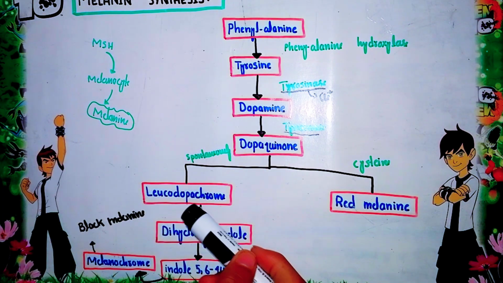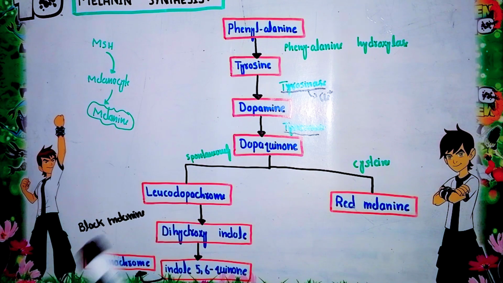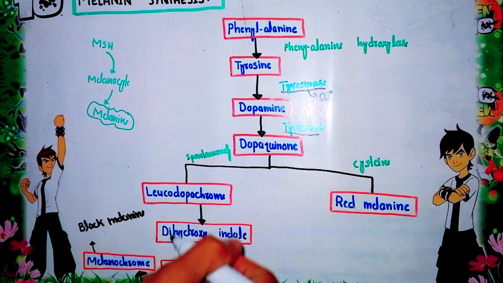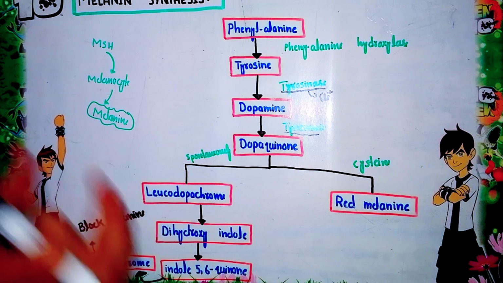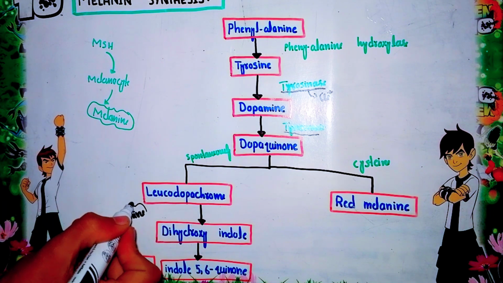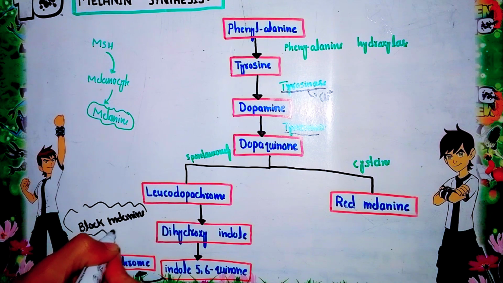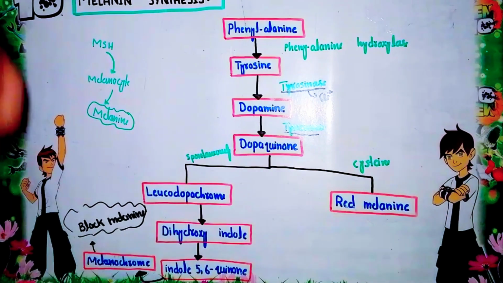This leucodopachrome is then converted into dihydroxyindole. Further, this dihydroxyindole is converted into indole 5,6-quinone. This indole 5,6-quinone is basically converted into melanochrome. This is actually the black melanin that is found in our skin and hair. So this is the black melanin synthesis that occurs in the melanocytes.